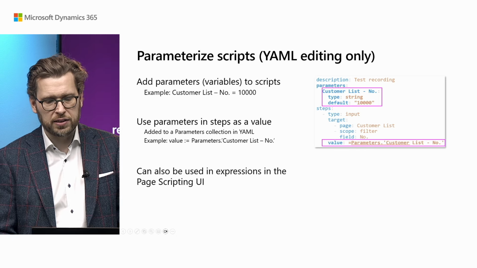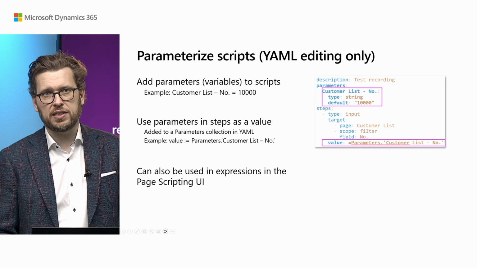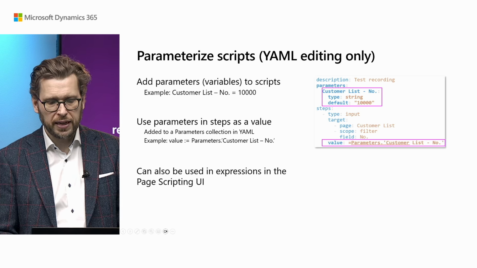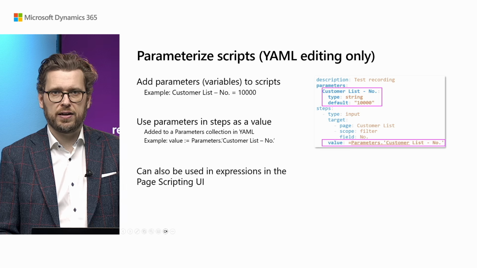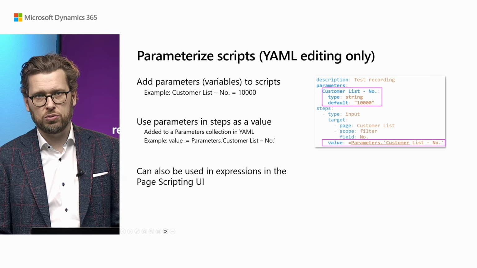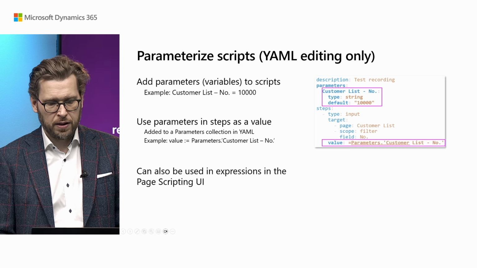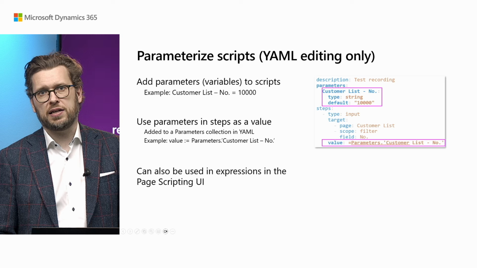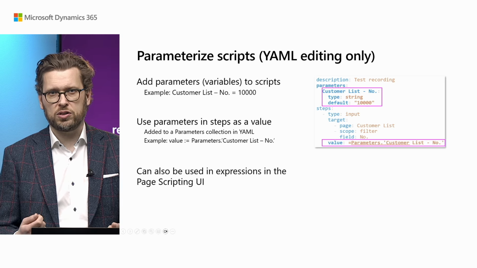In the example, you see we have the parameters node in the YAML file, and we specify a parameter called customer list number where we set the value to 10,000. And then in the steps, you can use that. So you can call up the parameters collection.